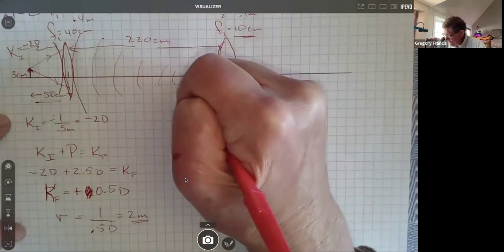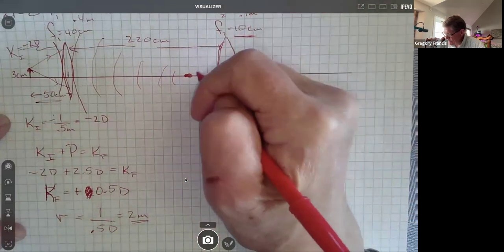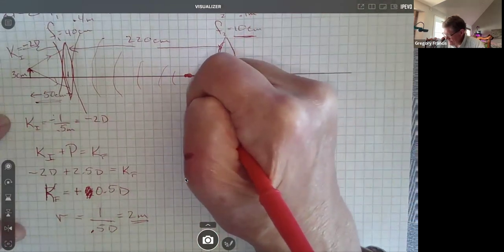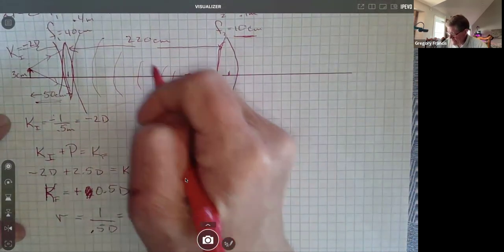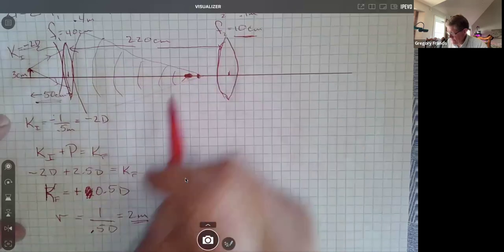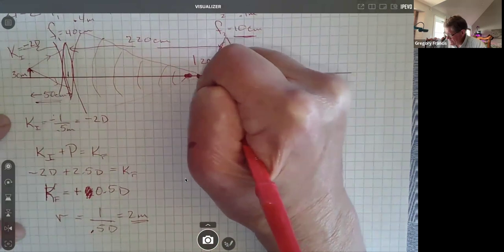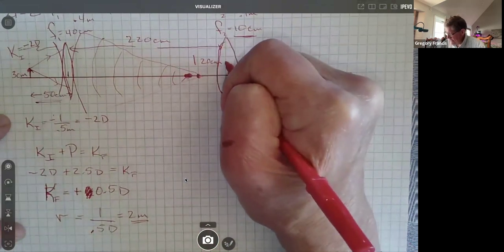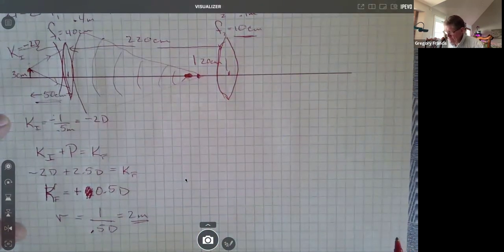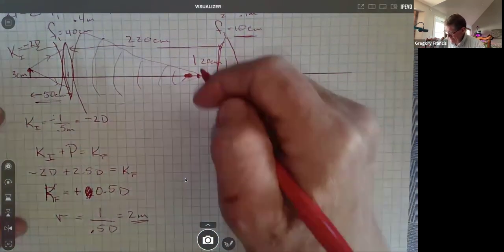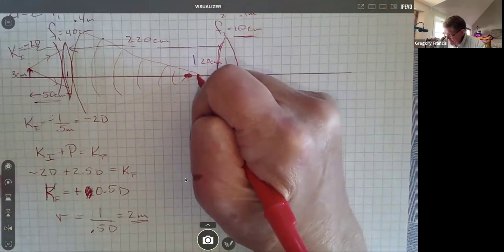Okay, so if I go out 2 meters, let's see, where's 2 meters? That's going to be something out like this, okay? So it's going to come down here 2 meters. And that means it's going to be 20 centimeters from this second lens. Now, this is going to be a real image because that's a positive lens.